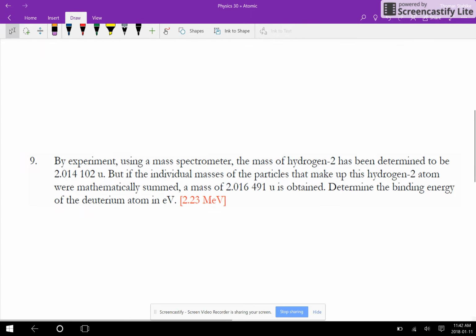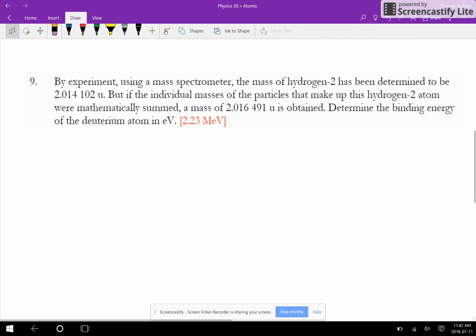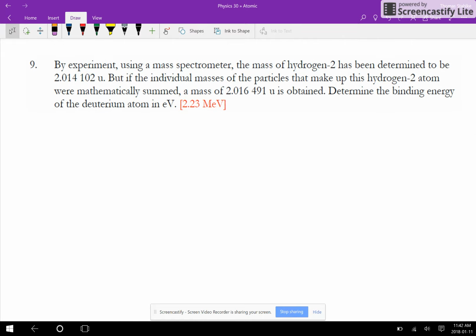Now we have a couple other questions here. Let's go to number 9. This is out of our Edmonton Public Schools workbook, the coiled workbook. Here it says, by experiment, using a mass spectrometer, the mass of hydrogen-2 has been determined to be 2.014 atomic mass units. So they're giving us a specific atomic mass unit.